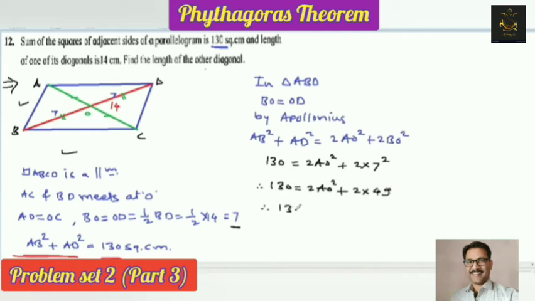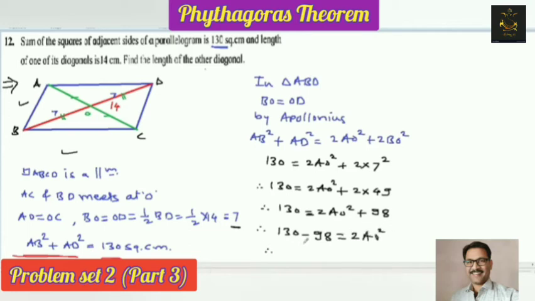Now only simplification: twice AO square plus 49 into 2, that is 98. Take that 98 to this side, so 130 minus 98 is equal to twice AO square.